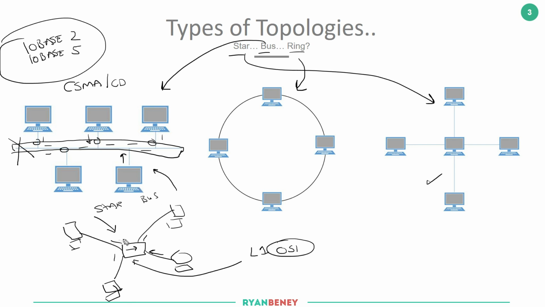If we were to replace this hub with a switch, or maybe we replace the hub with a router itself, then we would break up this bus and actually make it a logical and physical star. And the reason for that is because a switch works at layer 2 of the OSI and a router works at layer 3.